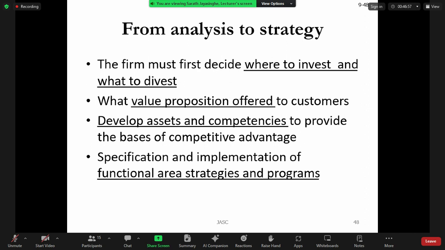We can stop some products. Sometimes we have to start some product, right? What value propositions are offered to the customer? How can we design our product offerings, our bundle of benefits we are offering to the customer? That means value proposition offered. Develop assets and competencies to provide the basis for competitive advantage. Sometimes we have to develop assets and competencies too.